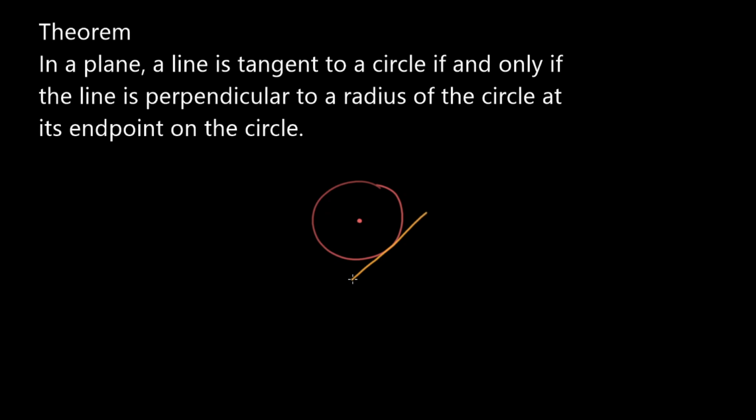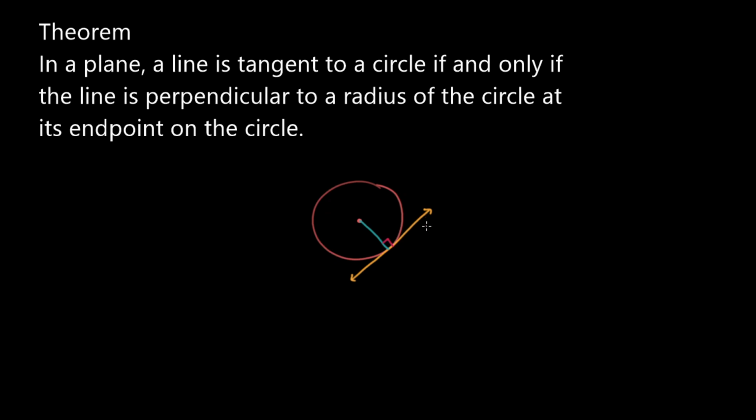Tangent lines just go and touch one point. Then the radius that goes from the center to that tangent line will make a right angle.